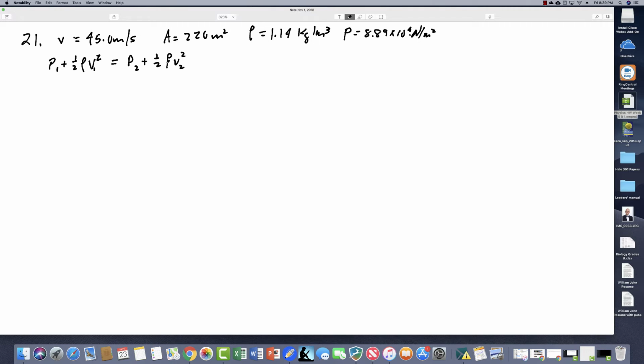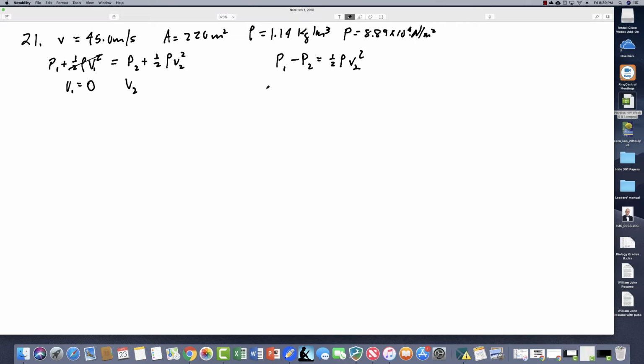And what happens is that one velocity is equal to 0 and the other velocity is equal to what we have up here. And so the difference in pressures is equal to 1/2 rho V2 squared. And that's because this cancels out. And so we have the difference in pressure.